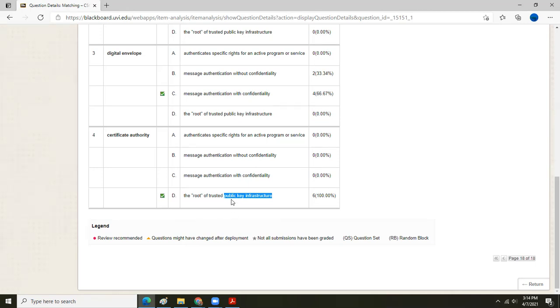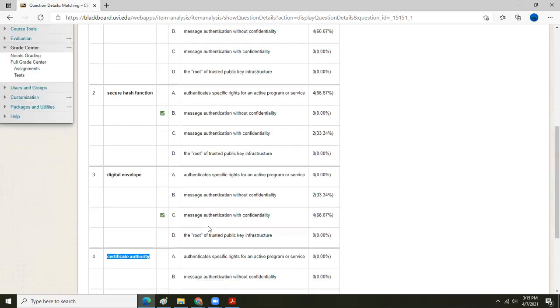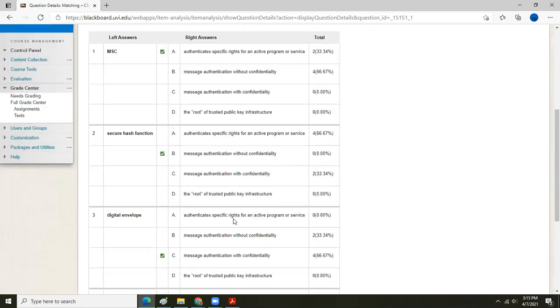When you have public key infrastructure, you're talking about a very large enterprise database that stores and distributes certificates, and the root of that public key infrastructure is a special server that runs certificate software. It's called a certificate authority. You either have a root CA, a root certificate authority, or you have an enterprise CA. Does anyone have any questions about these four terms and the answers that are supposed to match?